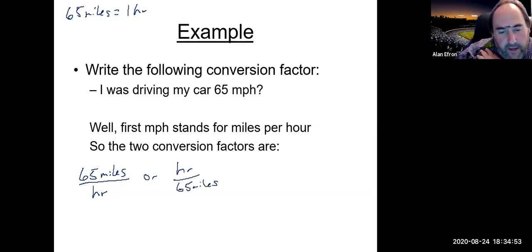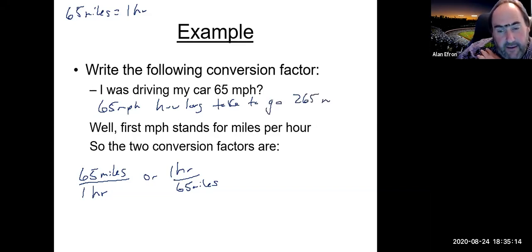And this would be 1 hour in both cases. And again, you could use this to know, for example, how long it would take you to drive somewhere. So if you drove 65 miles per hour, how long would it take you to go 265 miles? So again, setting it up in this dimensional analysis way we're going to talk about. You say 265 miles.